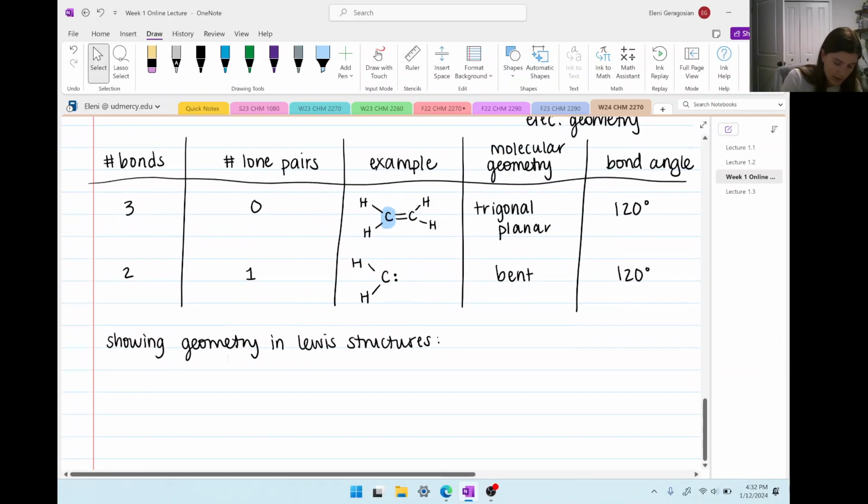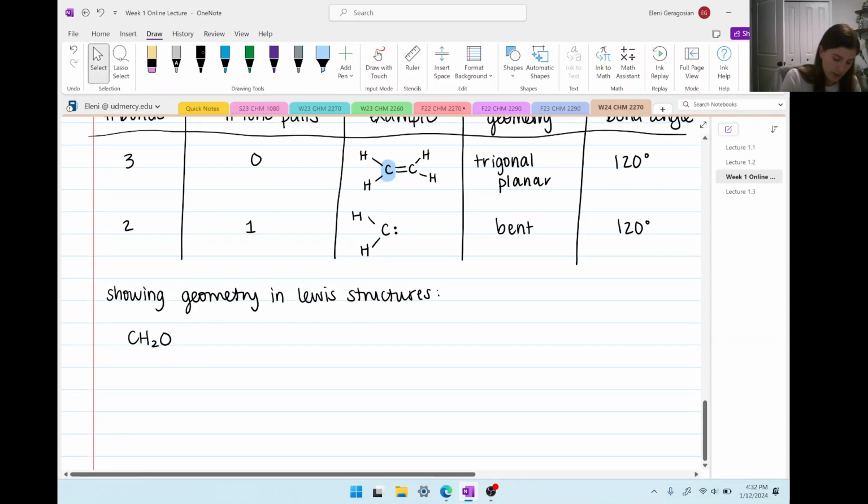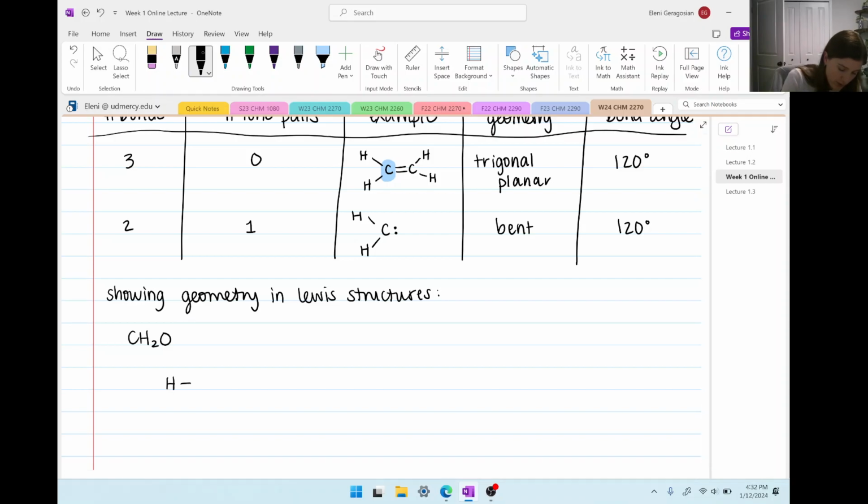So for drawing, let's do CH2O. Now, I'll tell you the connectivity of this molecule. We have a hydrogen bonded to a carbon, bonded to an oxygen. That carbon is double bonded to oxygen, bonded to 2 hydrogens. Well, right now we're looking at a 180-degree bond angle here and a 90-degree bond angle underneath the carbon.